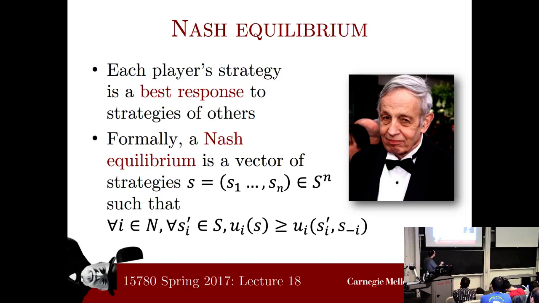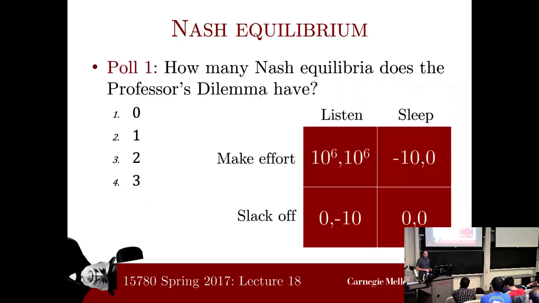What this says is, for every player i and every strategy he could switch to, his utility in S is at least his utility when he switches and everybody else plays like before. So that's a Nash equilibrium, and we're going to spend some time thinking about this and practicing this.